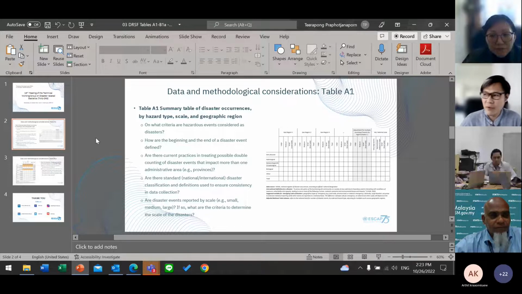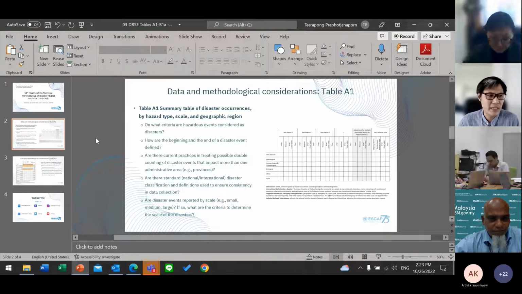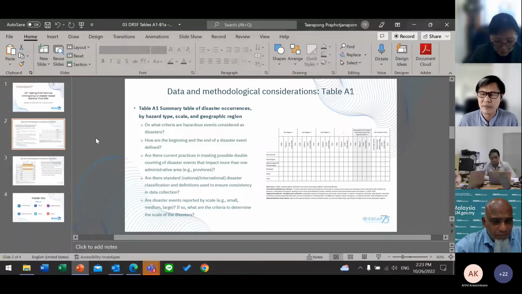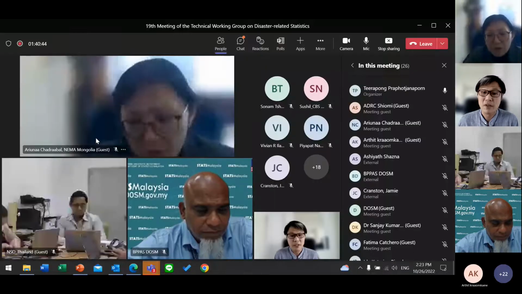One thing we might want to do in this discussion session is to hear from other countries if they have different perspectives or practices, for instance in defining what is a disaster and what is not, or how to determine the beginning and the end of the disaster. From Nepal and Thailand, it seems that it would more or less follow the declaration or announcement by the authority.